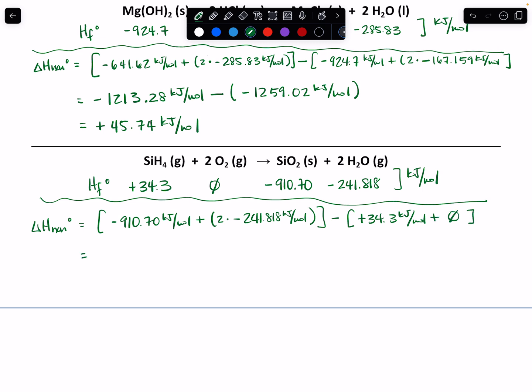I add up those products and I get negative 1,394.3 kilojoules per mole minus positive 34.3 kilojoules per mole. And in the end, the enthalpy change for the reaction is going to be negative 1,428.6 kilojoules per mole. So this reaction is going to release 1,428.6 kilojoules for every mole of reaction.